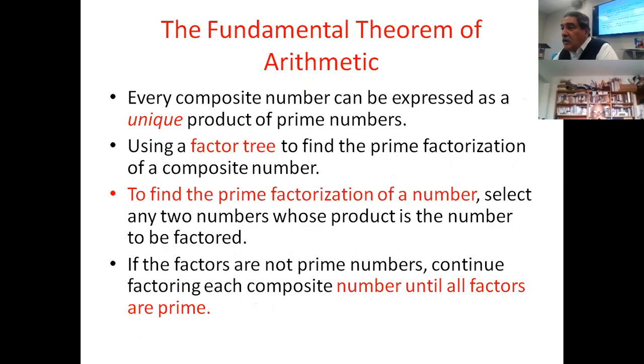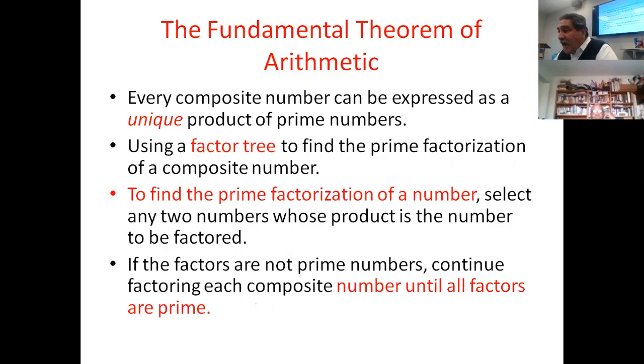Now, these are important when you want to find factors. Composite numbers are numbers that can be divided by numbers other than itself and 1. Every composite number can be expressed as a unique product of prime numbers.